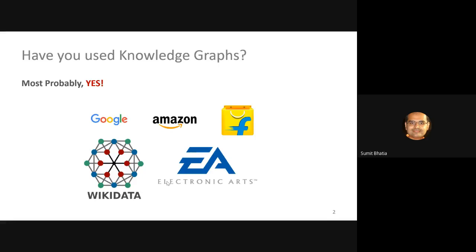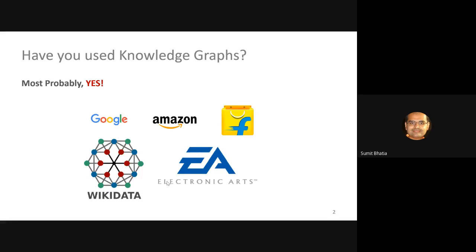If you have shopped for anything on Amazon or Flipkart, then you have benefited from the knowledge graphs which these companies use. Amazon and Flipkart have what they call product graphs. If you have used Wikipedia, then also you have benefited, and especially in the case of Wikipedia, you probably have also contributed to Wikipedia's knowledge graph, which is Wikidata, the knowledge graph equivalent of the information in Wikipedia and probably even more.